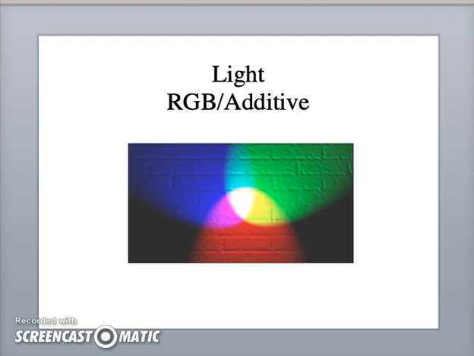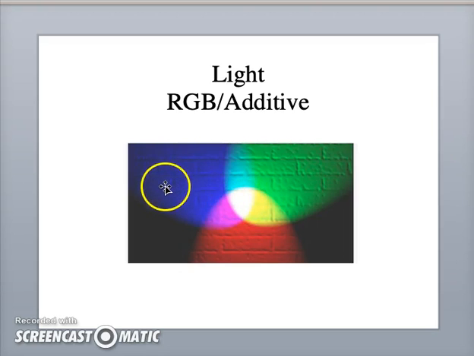Red being the longest wave and the shortest frequency, and then violet being the opposite, being the shortest wavelength and the longest frequency. And these wavelengths and frequencies help us to see the differences and the boundaries of these colors. When the colors are all together, they just create white.